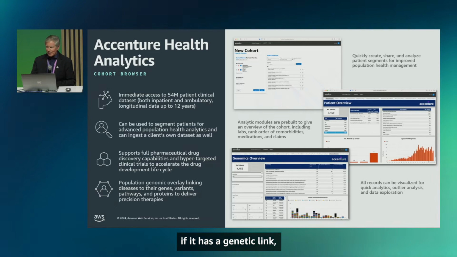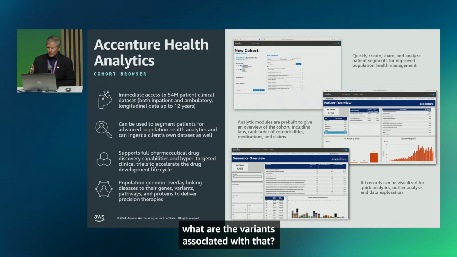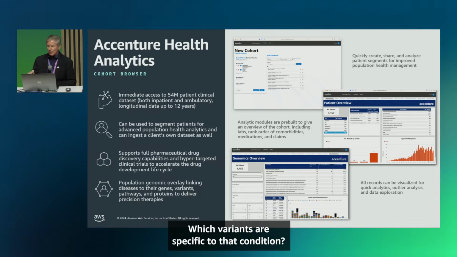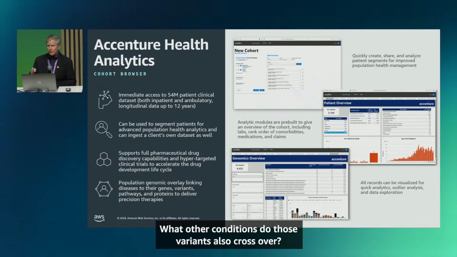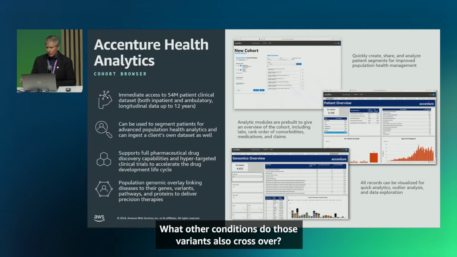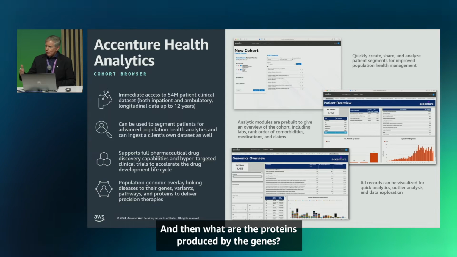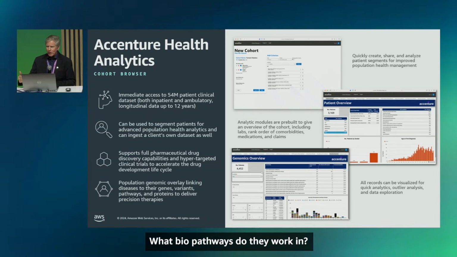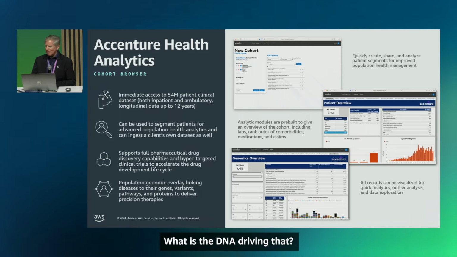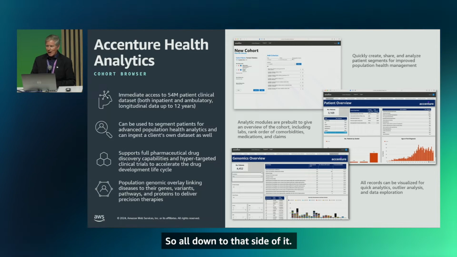If it has a genetic link, what are the variants associated with that? Which variants are specific to that condition? What other conditions do those variants also cross over? And then what are the proteins produced by the genes? What is its function at the cell? What biopathways do they work in? What is the DNA driving that? So all down to that side of it.